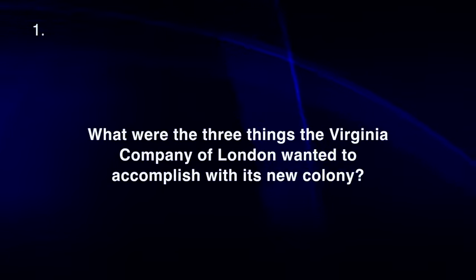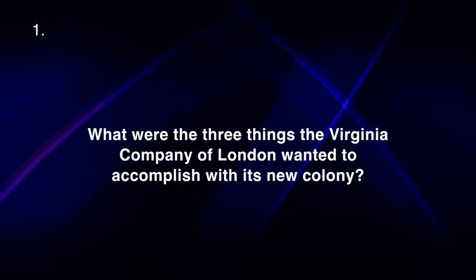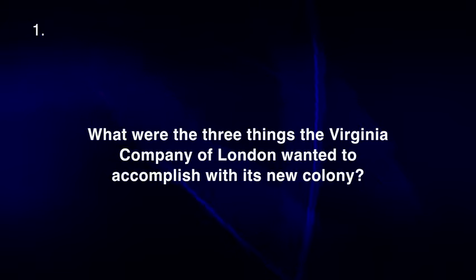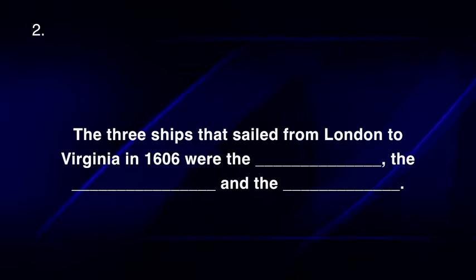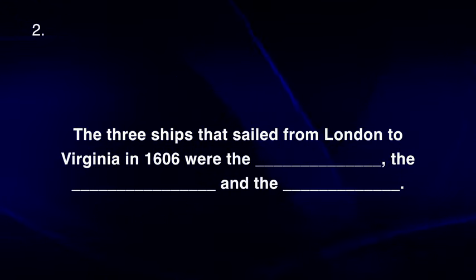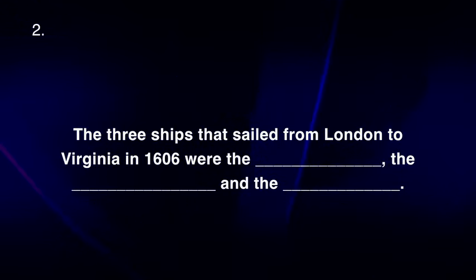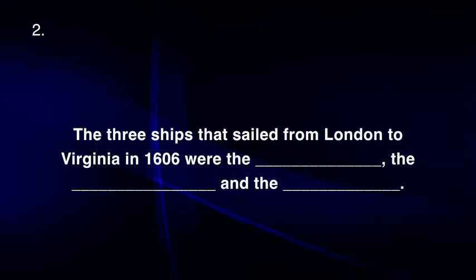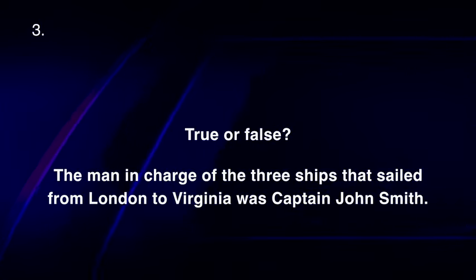What were the three things the Virginia Company of London wanted to accomplish with its new colony? The three ships that sailed from London to Virginia in 1606 were the, and the. True or false?